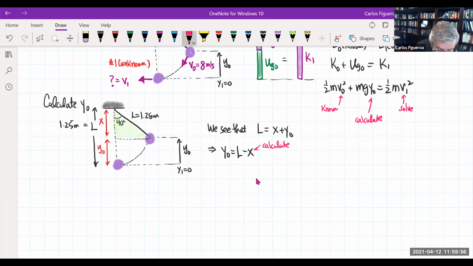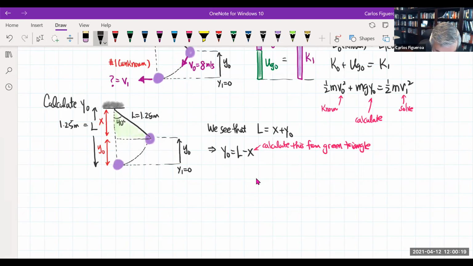And what you want to do here is look at that green triangle. So we calculate this from the green triangle. And when you look at that, note that the angle is the adjacent angle.